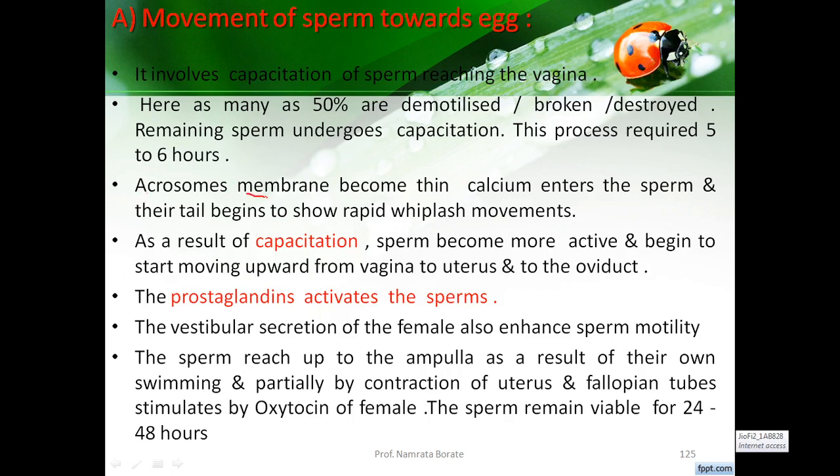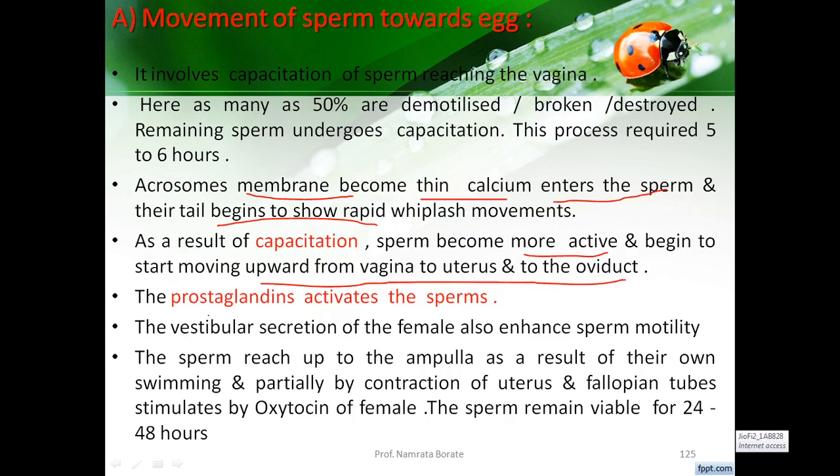The acrosomal membrane becomes thin. Calcium enters the sperm and the tail begins to show rapid whiplash movement. As a result of capacitation, the sperm become more active and begin moving upward from the vagina towards the uterus and reach up to the oviduct.